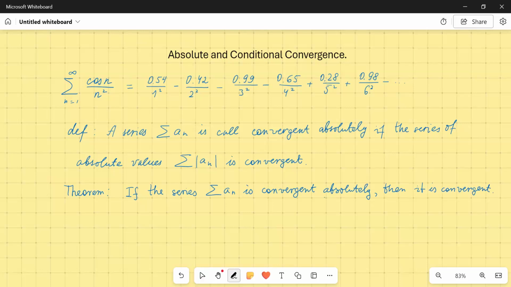So if the series is convergent absolutely, meaning that the series of absolute values is convergent, then the original series is going to be convergent. So absolute convergence is a strong type of convergence.